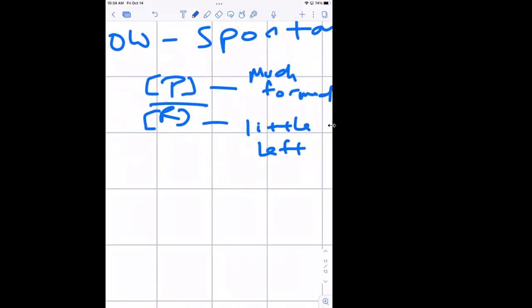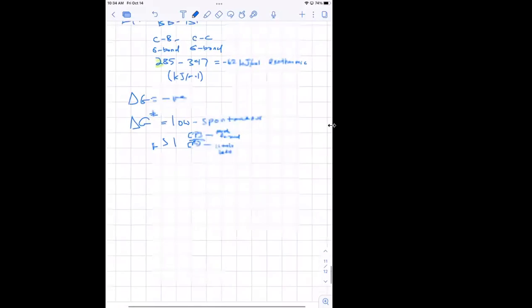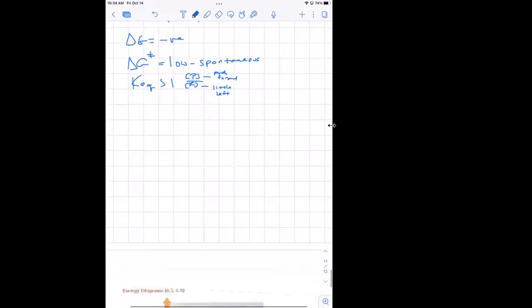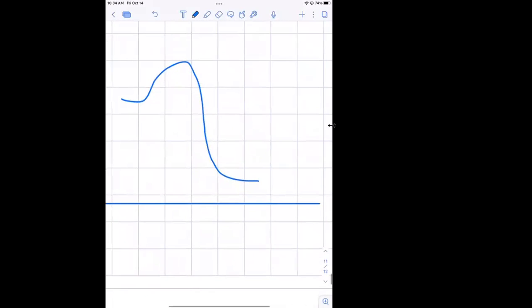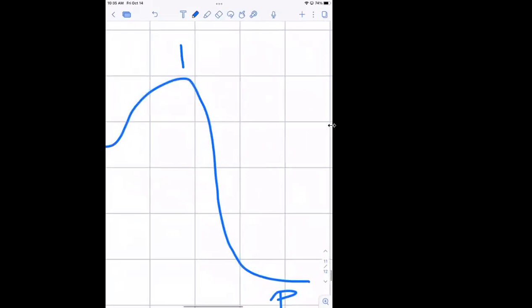All right. Now, what does the energy diagram look like for this? We have an exothermic reaction where this is the reactants, this is the products, and this is the transition state.